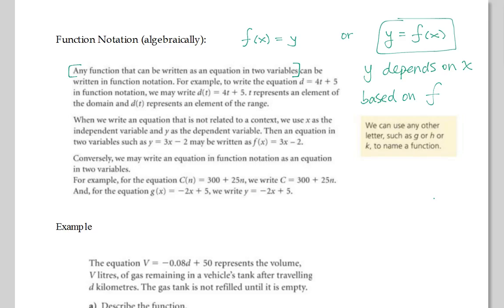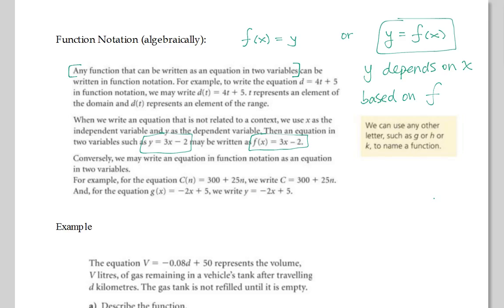For example, this one right here and this one right here. All it says is I'm going to take my input, which is x, times it by 3 and then subtract 2. That's the function. Look at this one. This one's a distance versus time. Distance depends on time.